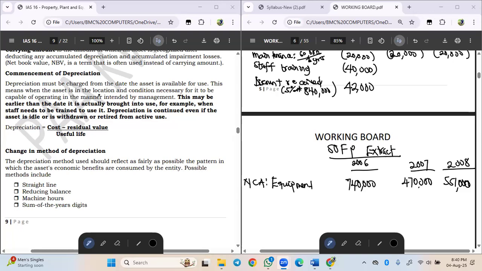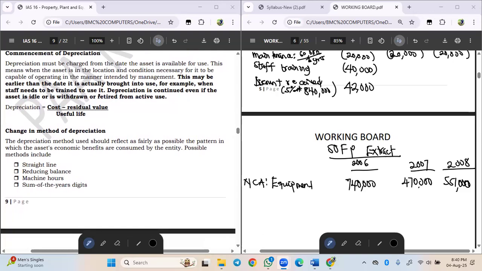This one is not really important, because when the asset is ready for use, maybe in June, and you wait till September before you use it, it doesn't mean you start charging depreciation in September. No, you start charging depreciation on the date it was ready for use. So you start charging depreciation in June.